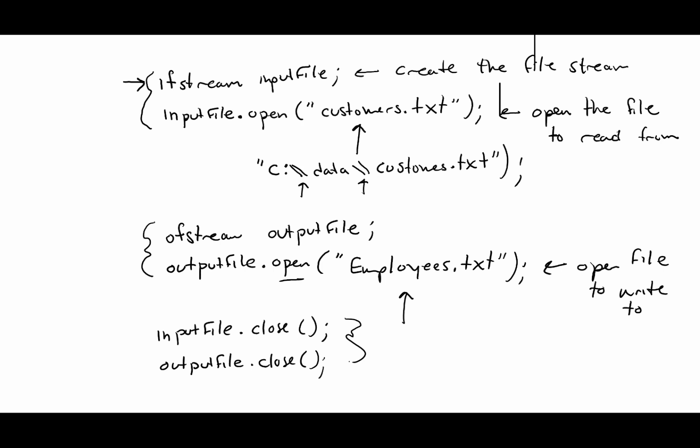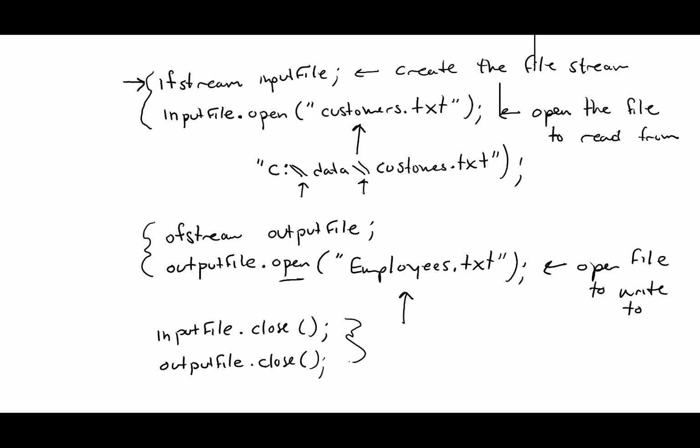And the reason why is, first of all, it's good programming practice to close a file when you open it. You have temporary data that's stored in what's called your file buffer. And when you close the file, this data is saved to the file before it closes, so it's not lost. If you don't close the file and say your program crashes or somehow it doesn't get saved to the file, then you'll lose the data. So when you close the file, it's going to write the data that's in the file buffer to the file.